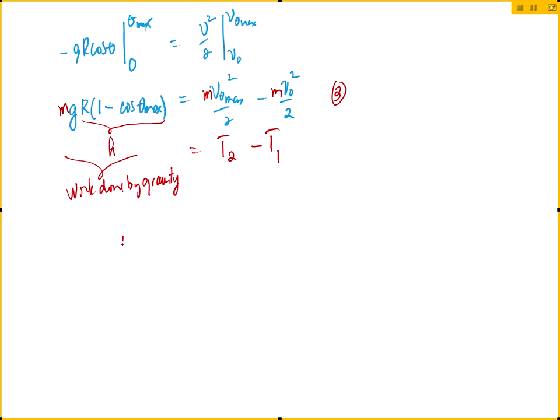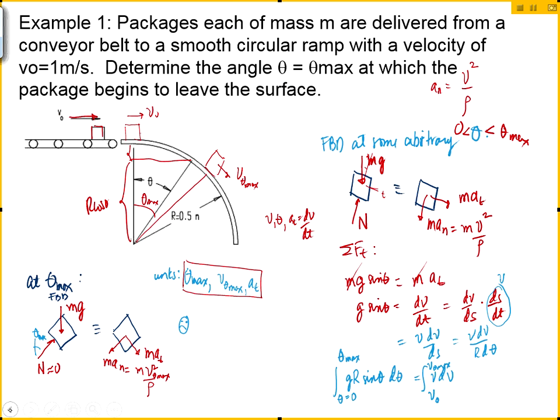But we're going to call this our third equation, and we're going to combine 1, 2, and 3, right, to solve for what? What are the 3 unknowns here? Oh, actually, which ones do I need? I'm just interested in theta max and v at theta max. I'm not interested in a_t, correct? So what's my equation 1 here?